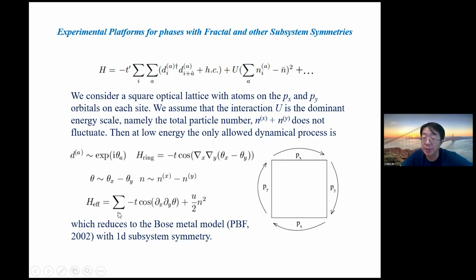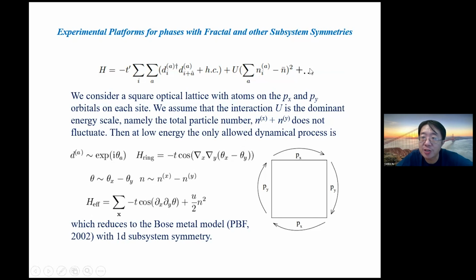Okay, is that clear? Is there any question so far? Yes, we have a question. I'm sorry, just the small u, how is it defined? Oh, small u. Okay, yeah. So this dot here, right? We assume this is the major interaction term.